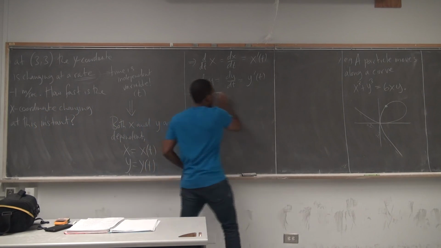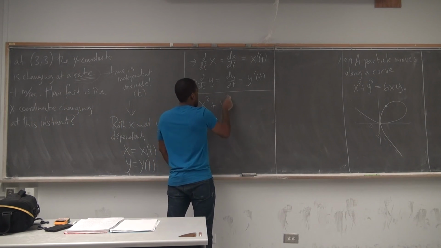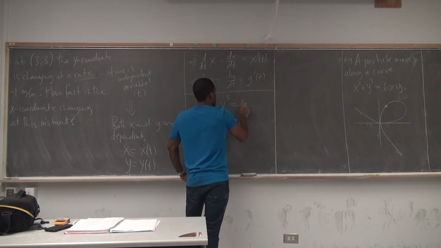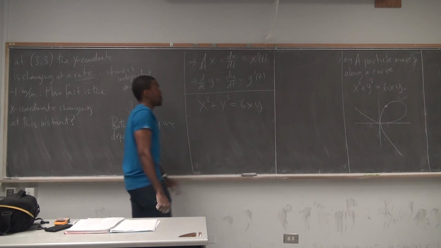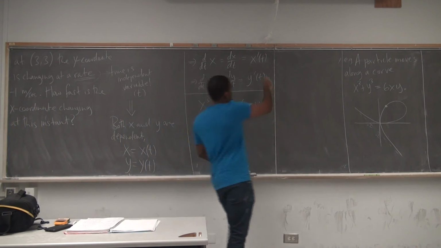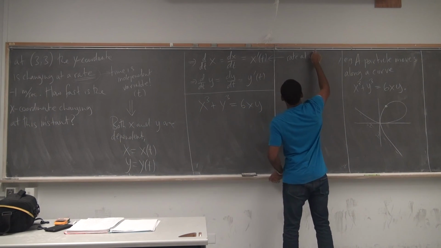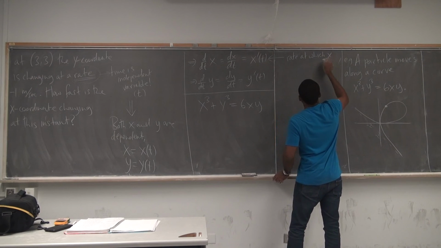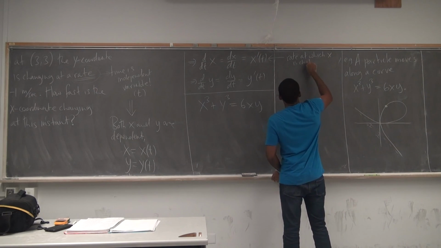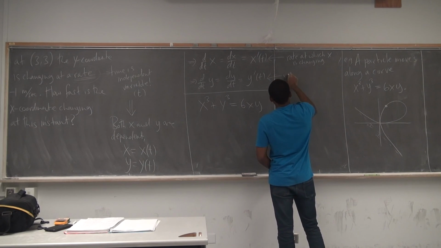Okay. Now, given all of that jazz, how do we start to figure this guy out? So x prime means the rate at which x is changing. Y prime is the rate at which y is changing.